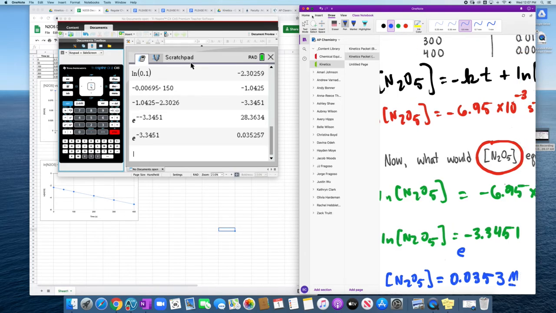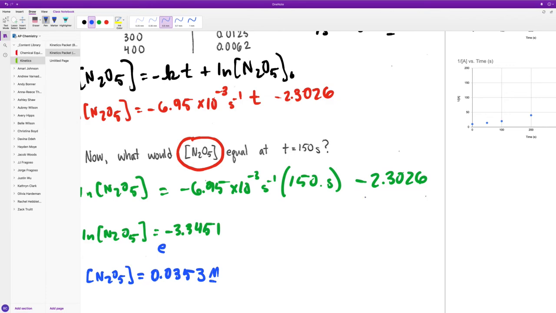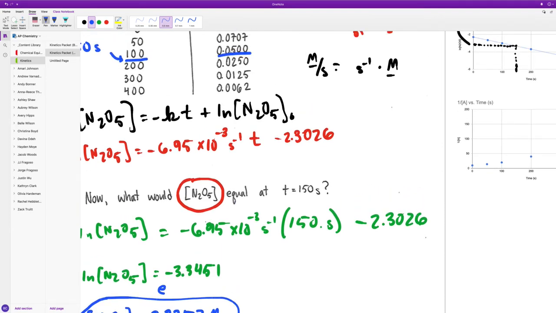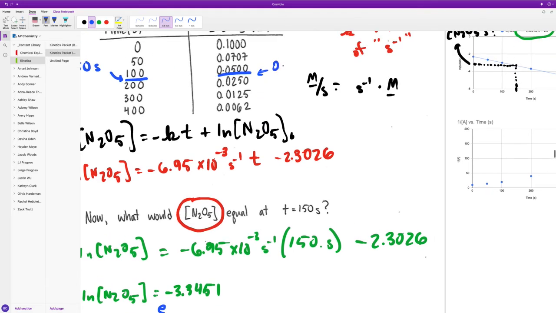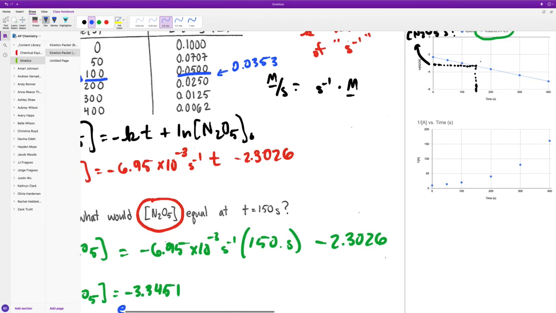And see if that's actually reasonable. Does that correspond to the data? Is that value between what we had for 100 and 200 seconds? At 100, 0.05, at 200, 0.025, so between here, 0.0353, but it's not halfway between, but it is between, right?